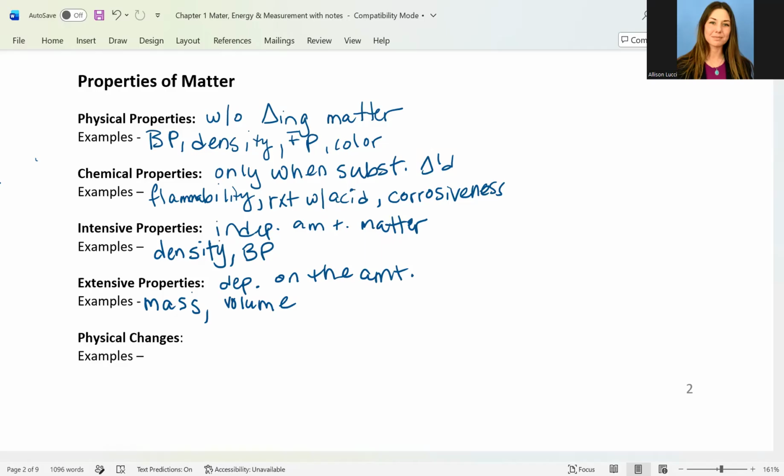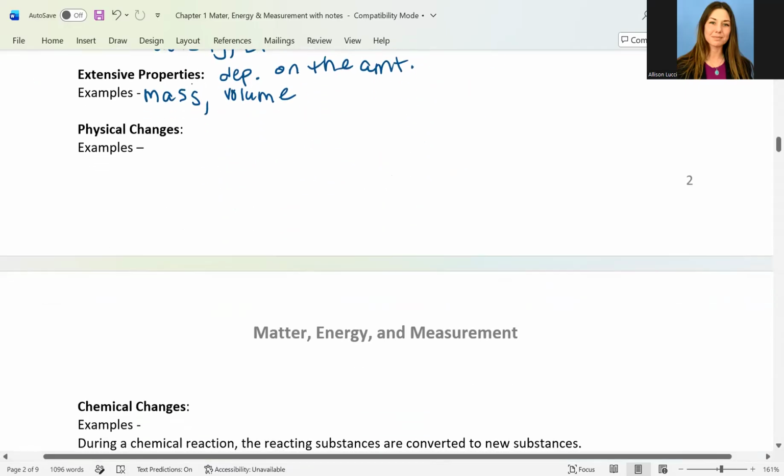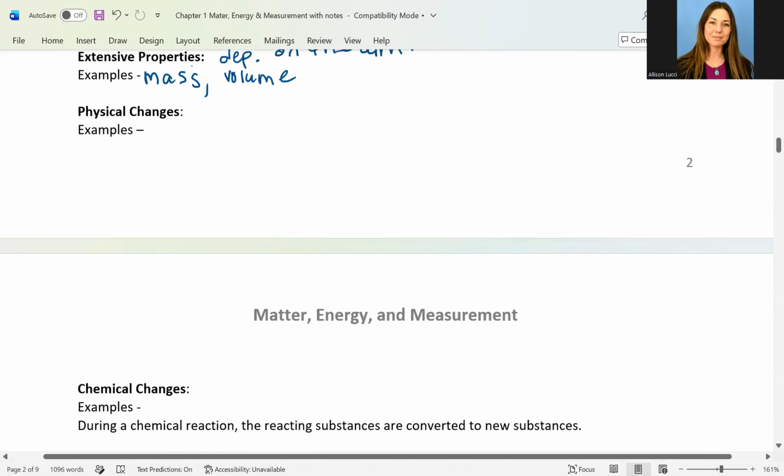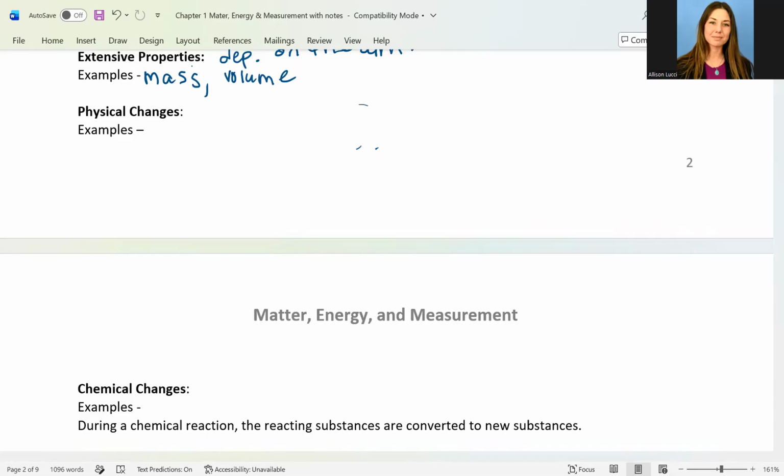And then we have some other ways of defining matter through what are referred to as physical changes or chemical changes. So physical change, this does not affect composition. So we'll say does not affect composition of your matter. And an example or two of this could be a change of state.